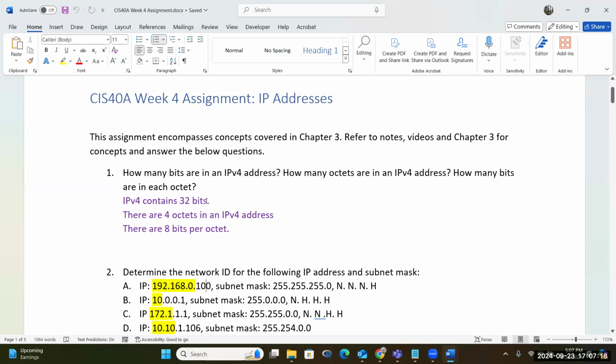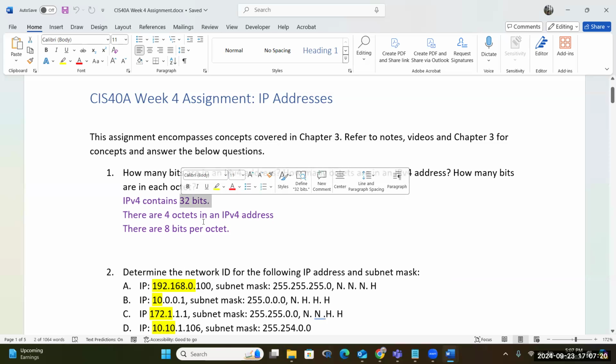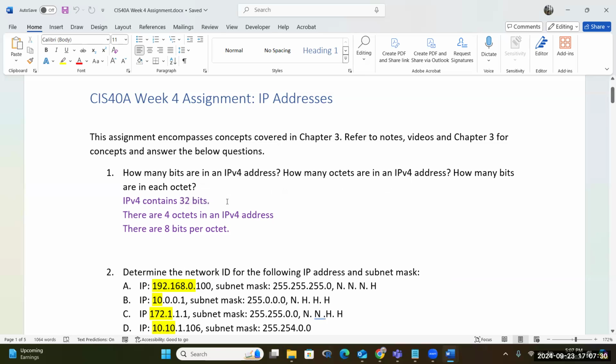So we know that our version 4 IP address is 32 bits, whereas version 6 IP address is 128 bits. So we have more combinations of addresses with that particular length. So as you proceed, the more devices that exist in the world are going to require us to use longer addresses in order to have more combinations of addresses to use.